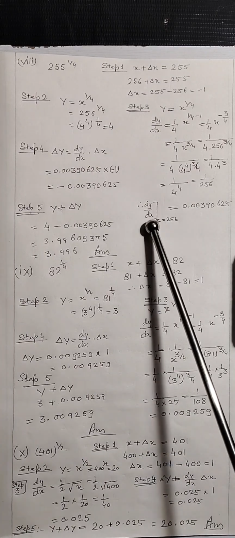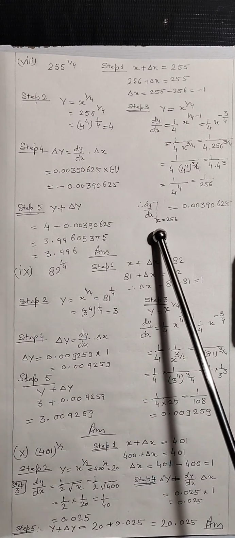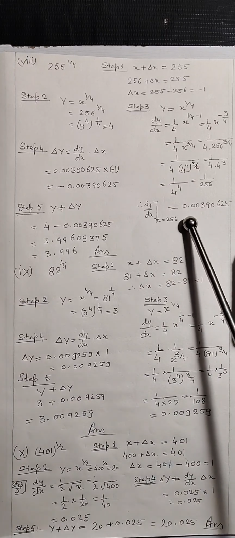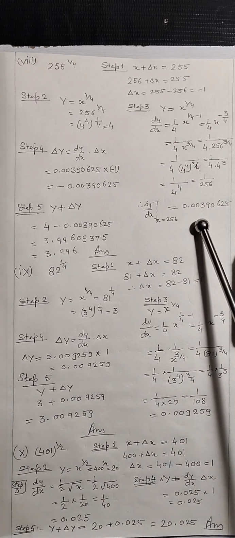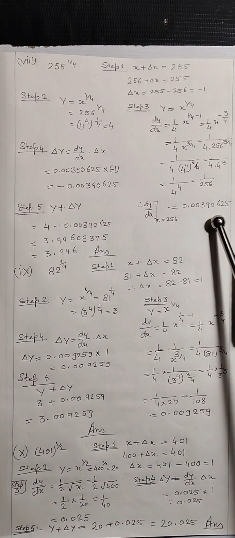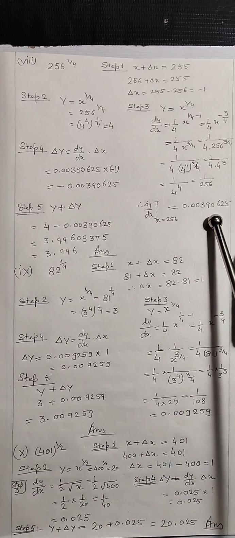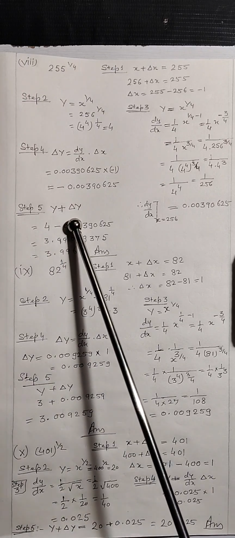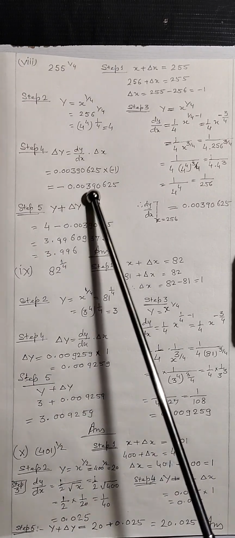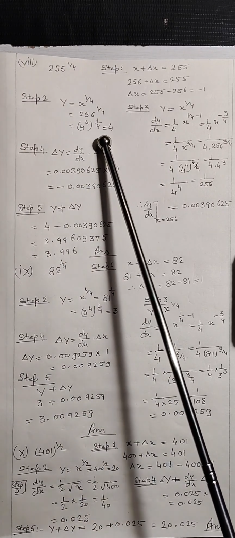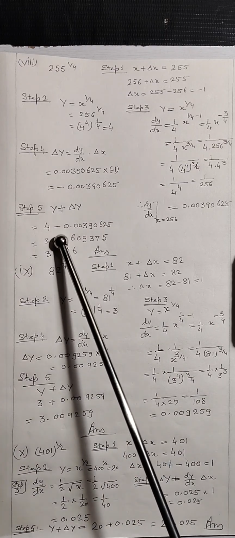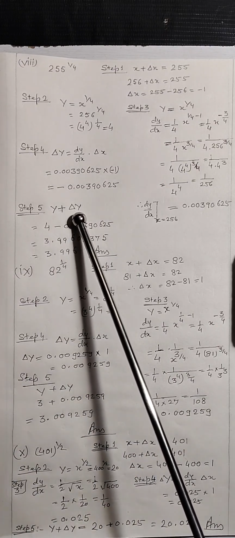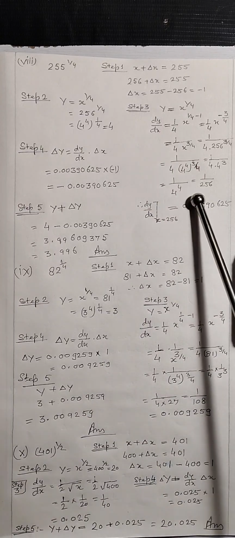So dy by dx, where x is equal to 256 at that time, its value will be 0.00390625. Now step 5, y plus delta y. So y we have got from step 2. Write down the value of y, that is 4, and delta y from step 3.